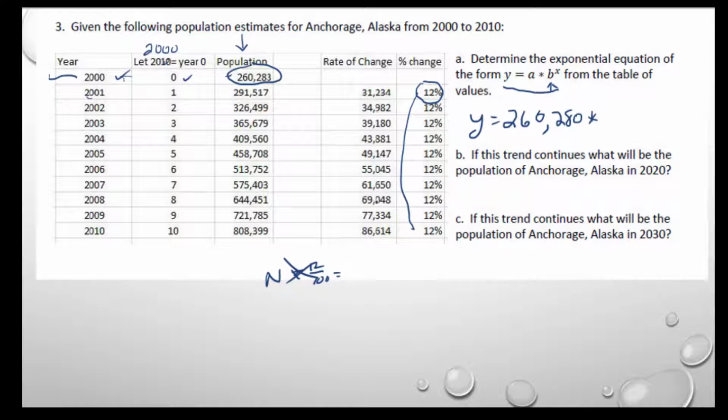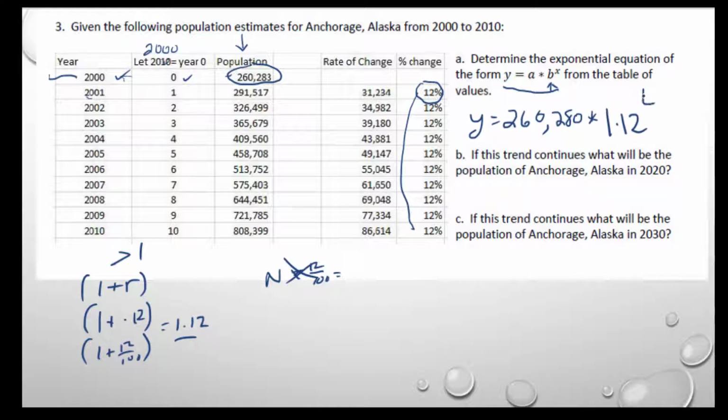You have to multiply a number by something greater than 1 if you're going to increase it. B then is 1 plus R. It's the factor, which is 1 plus 0.12. Or if you like it better this way, it's 1 plus 12 out of 100, which if you put in your calculator, you're going to get 1.12. That is B. That is the growth factor. Put that right here: 1.12 times the number, raised to the number of years since 2000.